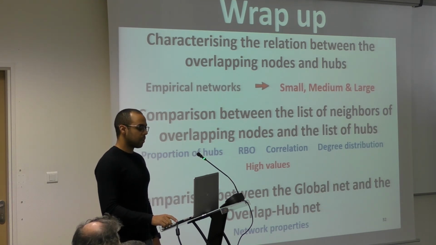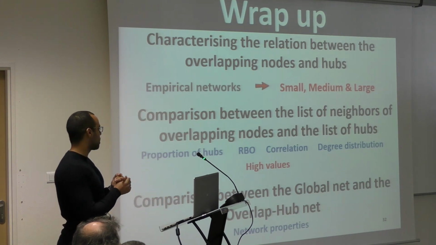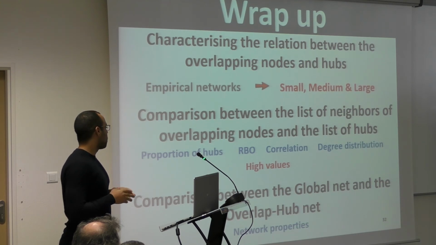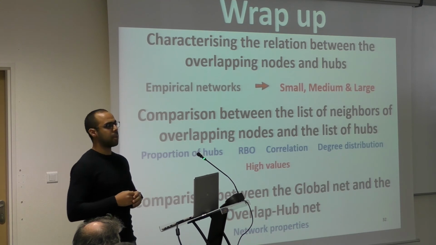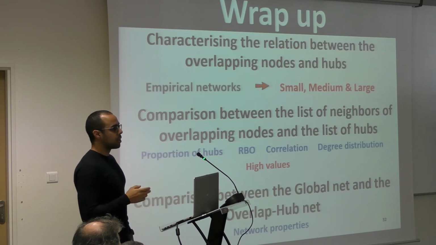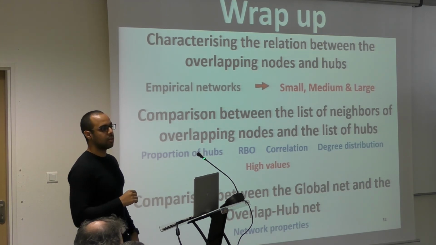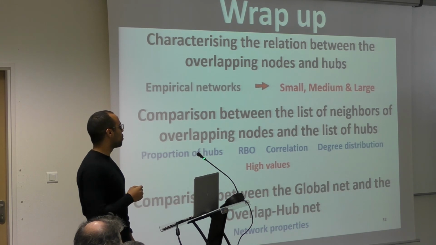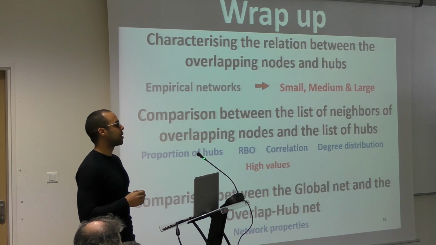At first, we compared the list of neighbors of the overlapping nodes and the list of hubs, using measures such as the proportion of hubs, the rank biased overlap, and the correlation. We found that they all have very high values, and we also analyzed their degree distribution, and found that they both exhibit a power law degree distribution with very close exponents.